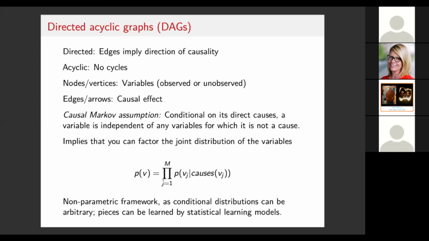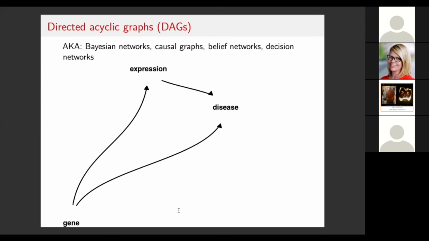And this framework is completely non-parametric, as the conditional distributions can be arbitrary, and in fact these pieces can be learned by machine learning or statistical learning models, as the case might be. So even though it looks just like a picture, it's a very general framework for expressing causal information, and also gives you a way to write the joint distribution of all the variables.